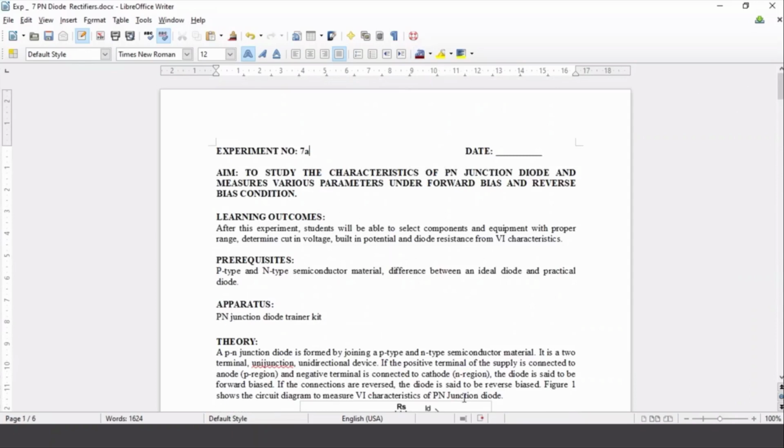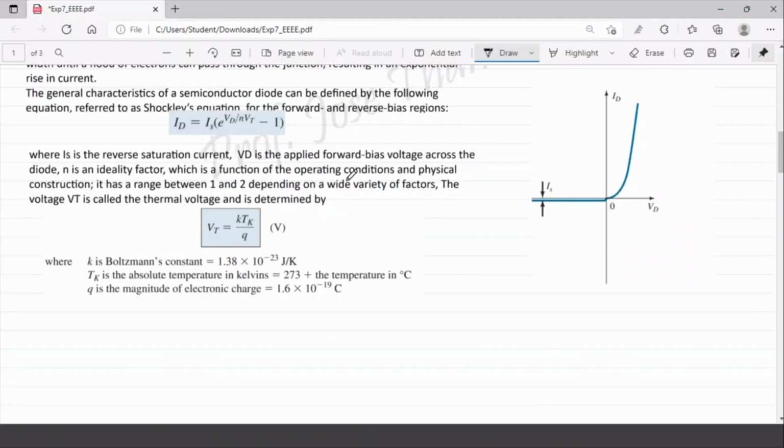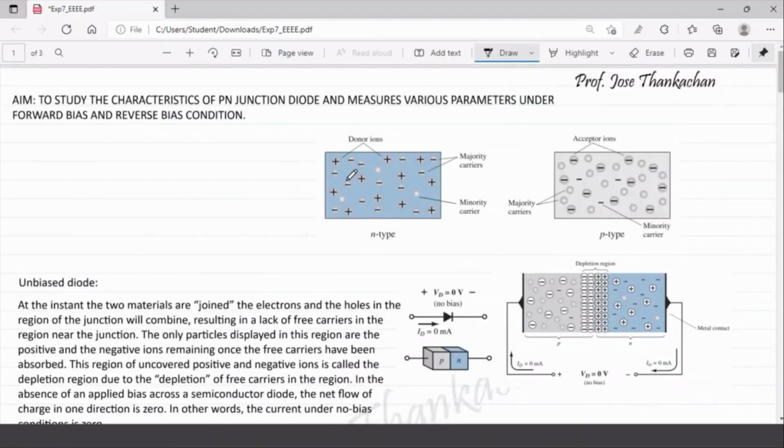I'll share with you another slide where I'll be discussing the theory. Just a second. Okay, is it visible to all? Yes, sir. Yeah.